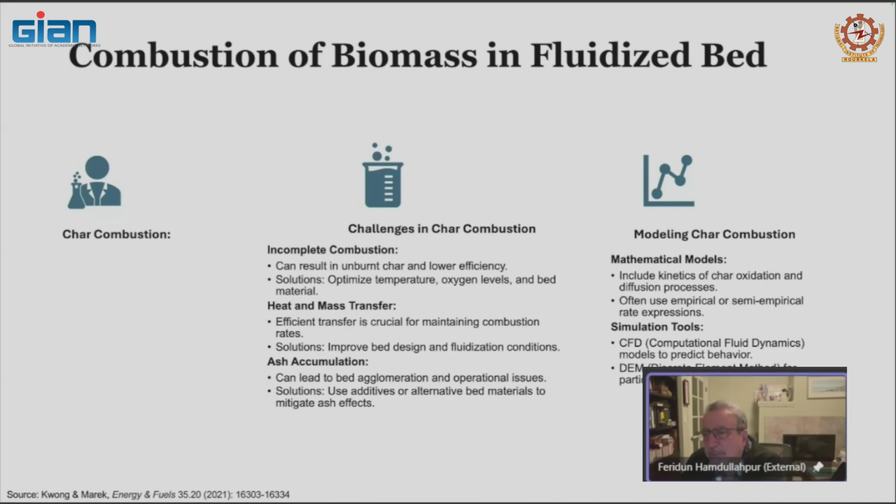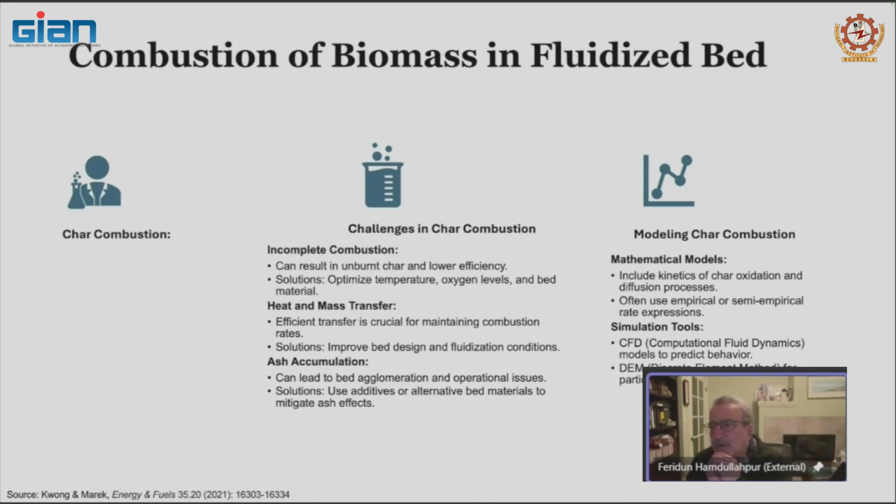It is important to maintain it, and not only maintain it but keep it uniform if you want uniform combustion across the bed and also uniform heat transfer. If it's not uniform, you will end up with unequal distribution of heat on your heat transfer surface, which may result in a lot of problems and inefficiencies.